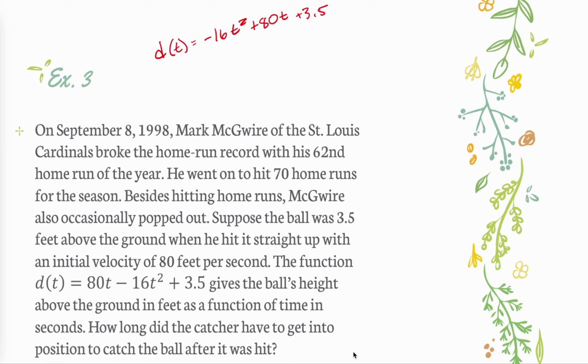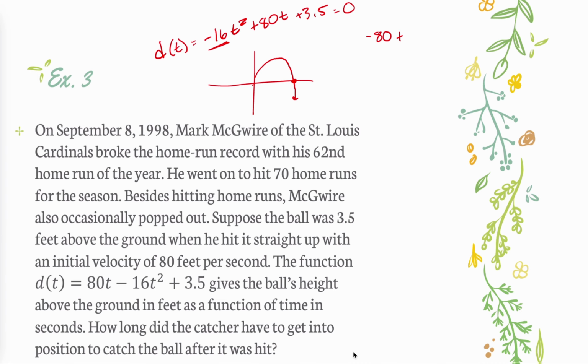So what we're looking for here, if we sketch this, this is a parabola, and it opens downward because it has a negative in front. And so we want to know the time it's going to take before the ball hits the ground. So we're setting this equal to 0 and solving for t.